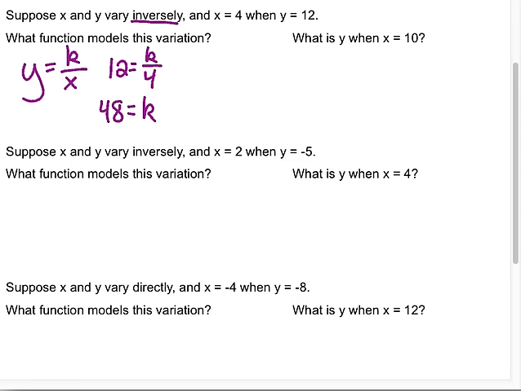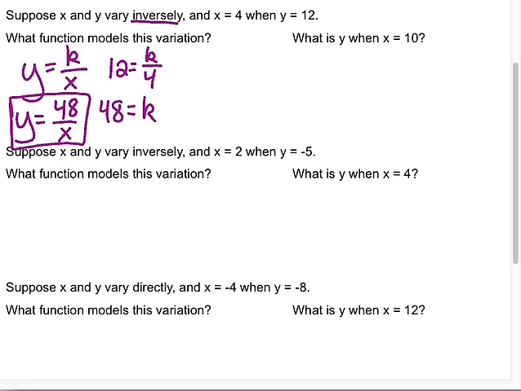And why do I need k? Well, I need k because in order to actually write the equation, I need the k to plug back in to that first setup and give me my true equation. All right? The equation, that relationship, is y equals 48 divided by x.